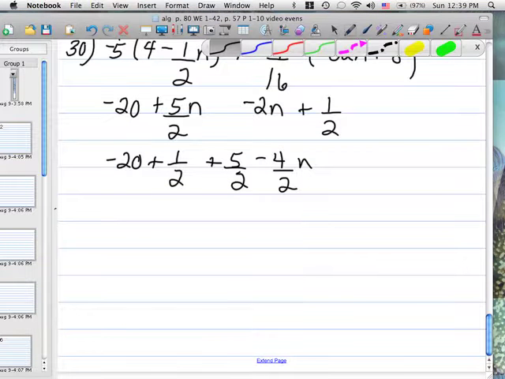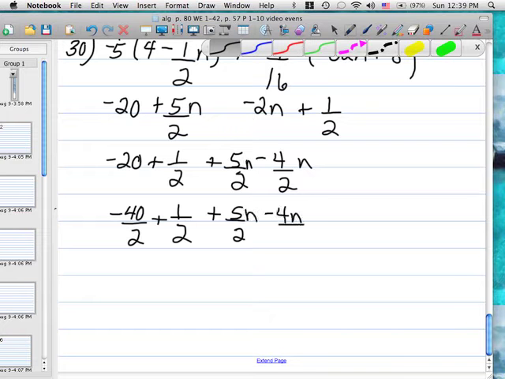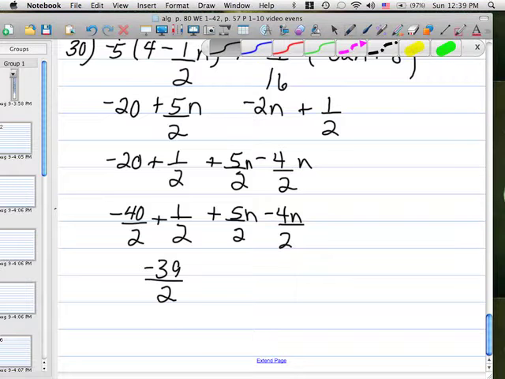So negative 20 plus 1/2, that's negative 40 halves plus 1/2 plus 5 halves n minus 4 halves n. So negative 40 plus 1 is negative 39 halves, and 5n take away 4n is plus n over 2, or 1/2 n.